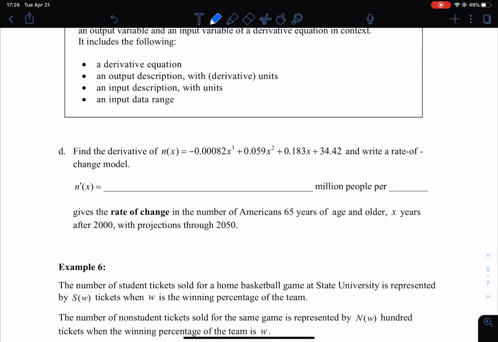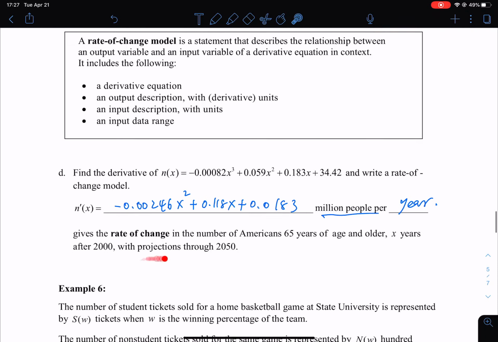First, the n prime of x is just minus 0.00246 x squared plus, and the unit is output unit per input unit, so million people per year. And then this gives the rate of change in the number form. And then input variable is x years after 2000, and the range is through 2050.